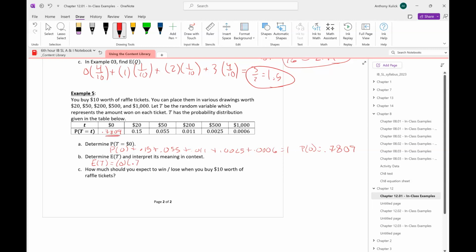Yeah, that's what I was gonna do. 7 times... okay, and then plus 20 times 0.15 plus 50 times 0.055 plus 200 times 0.011 plus 500 times 0.0025 plus 1,000 times 0.0006.